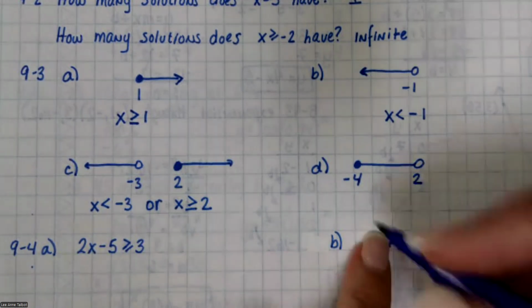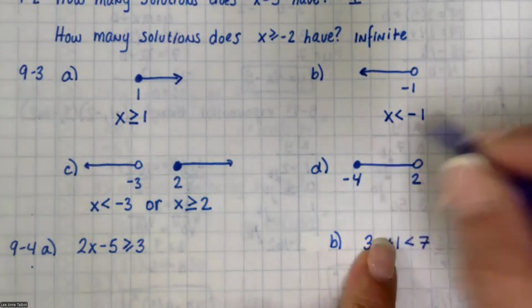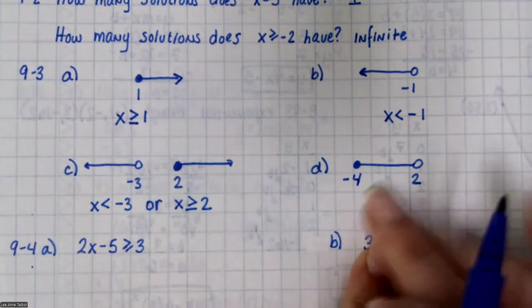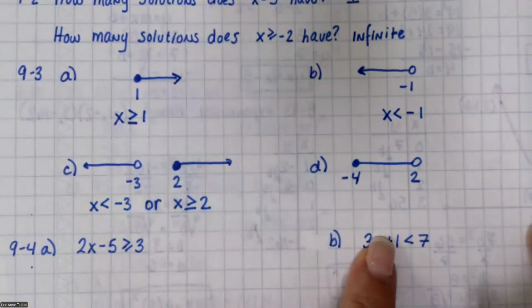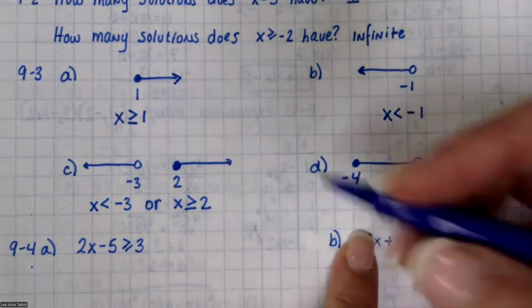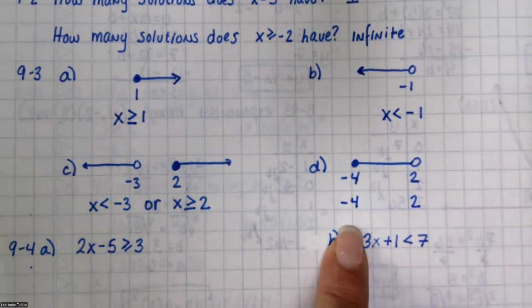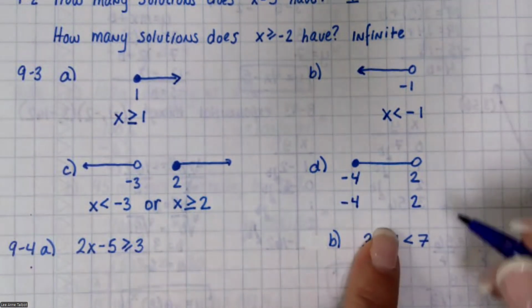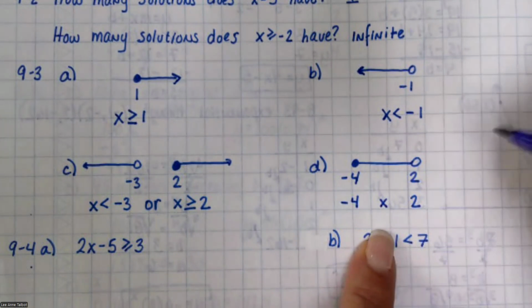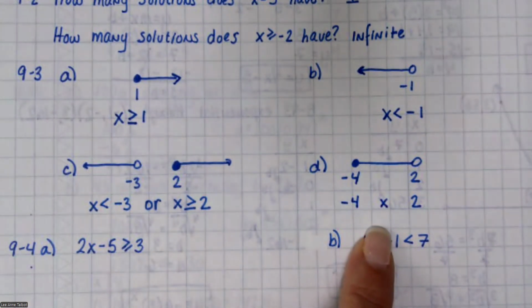Okay, so this one is what I like to call the Baymax, and one of his eyes is not colored in, but that's okay. What you do is you put -4 and 2 right underneath it. You put whatever letter you want to use in the middle.